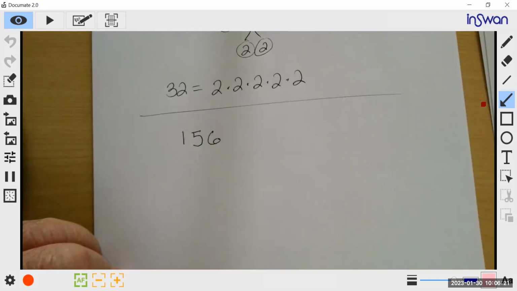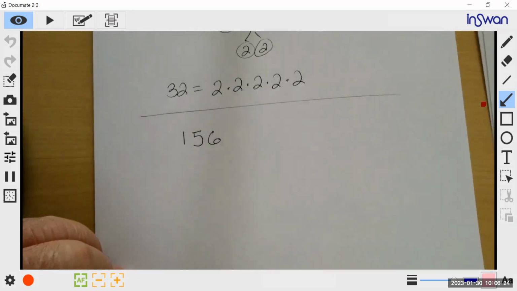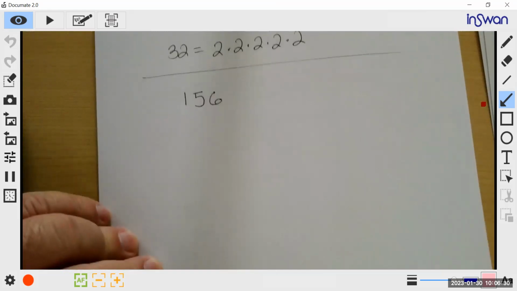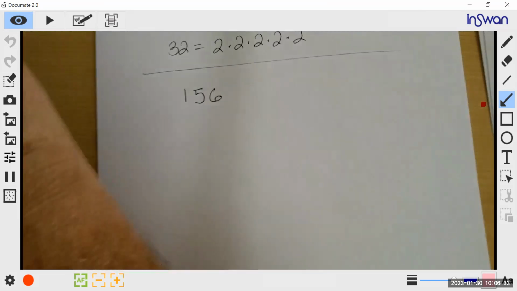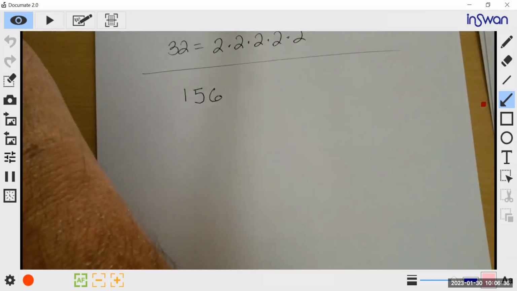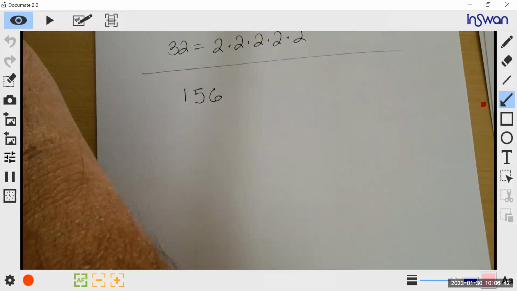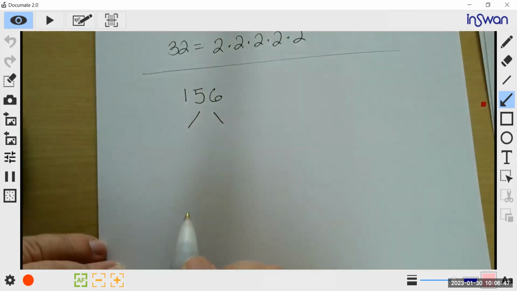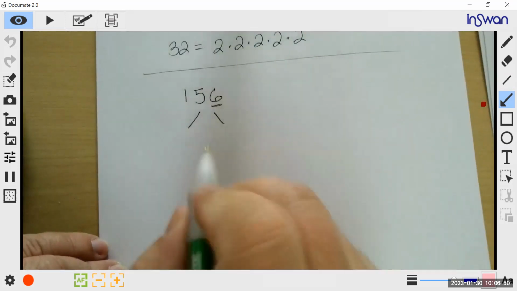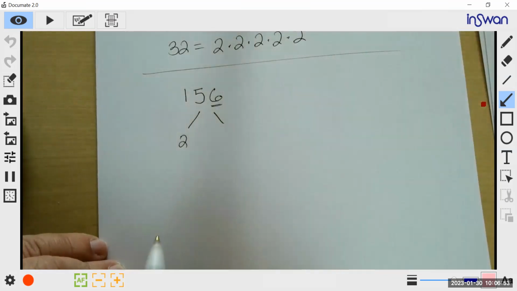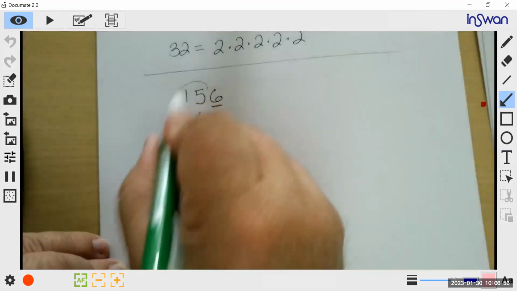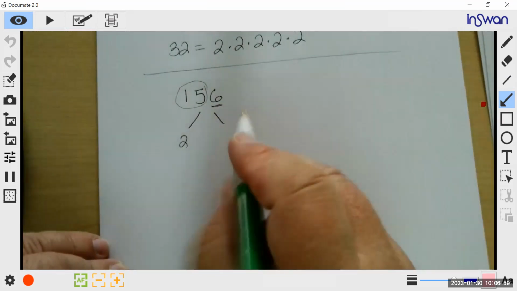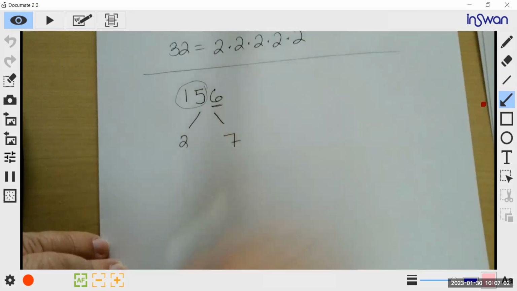156. It ends in a 6, which is an even number. So I know 2 goes in there. 2 goes into 15 how many times? 7. 2 times 7 is 14.